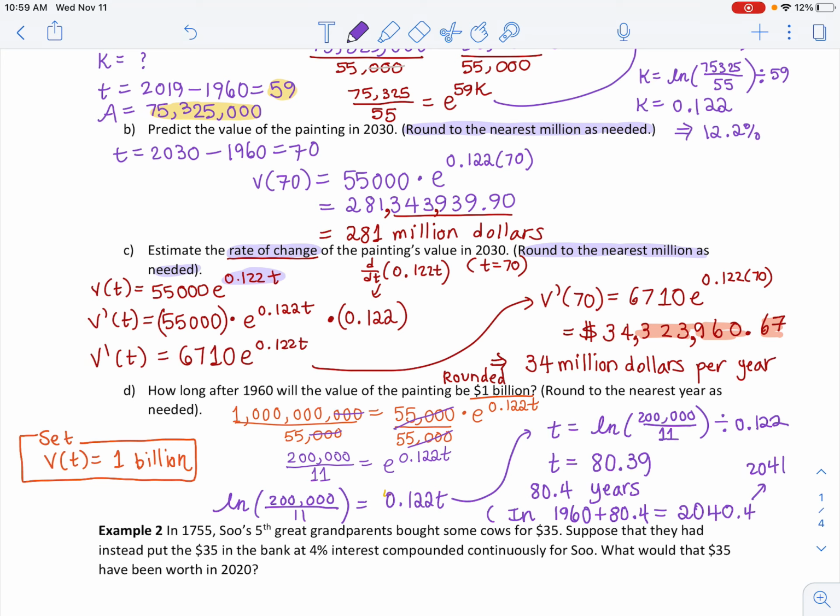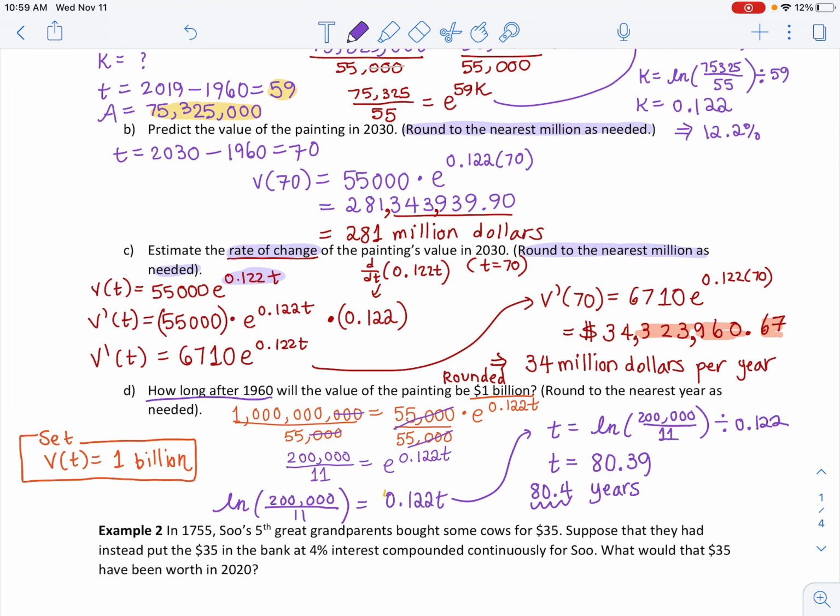In the year 2041, this painting will become $1 billion. But they just asked for how long after 1960, so I really don't need to figure out what year. So I'll just stop after getting 80.4 years later. We can convert that into months too, but that's probably enough.